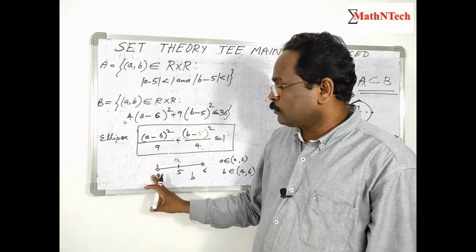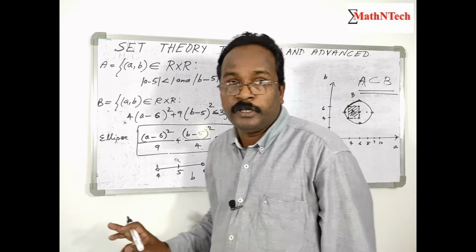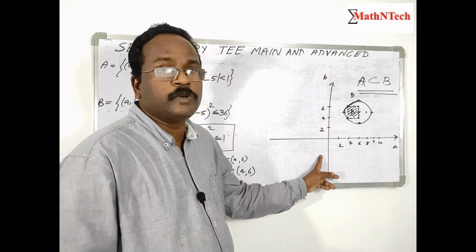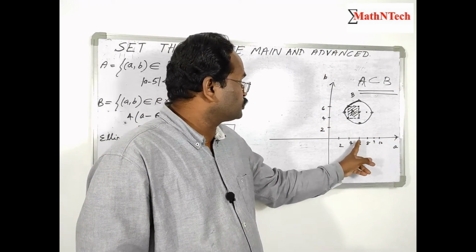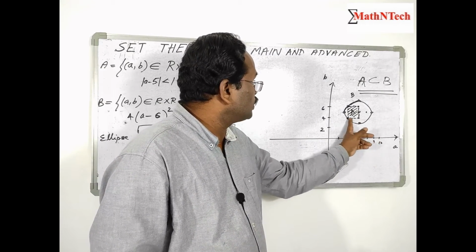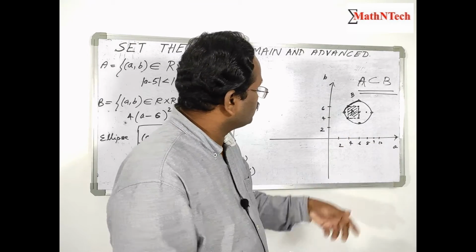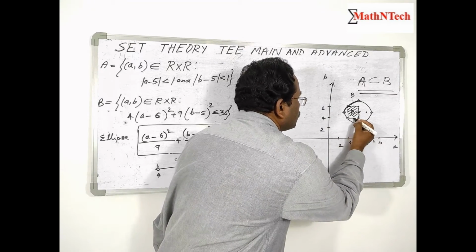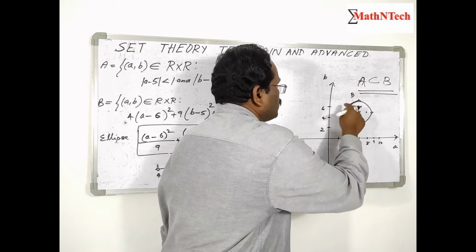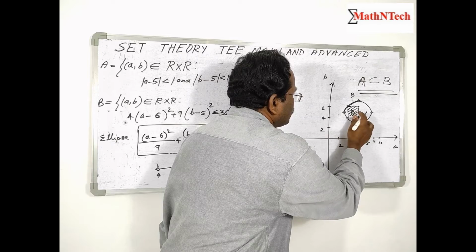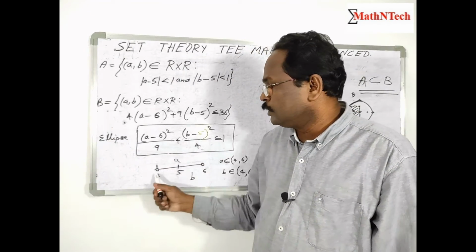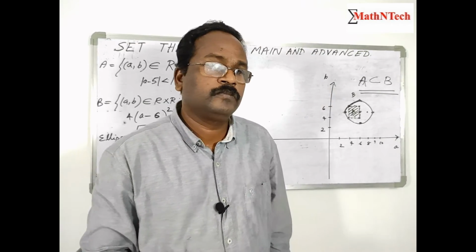So mark axis A and axis B, the points 4 and 6. Base 4 to 6, height again 4 to 6. That is a rectangle without boundary. Why without boundary? Because A and B lie strictly between 4 and 6.